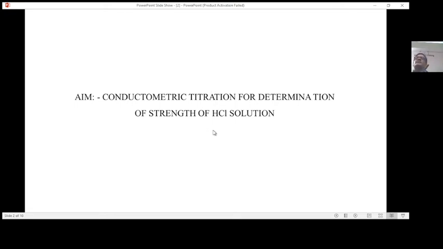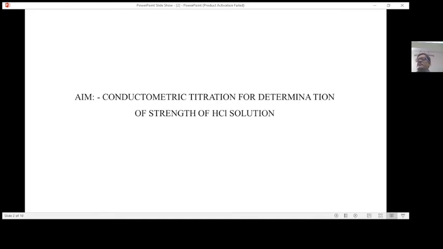Secondary standards are those which change their concentration very easily in a very short period of time. But for a primary standard, changing the concentration takes time, maybe a week, maybe a month, depending on the nature of the chemical.